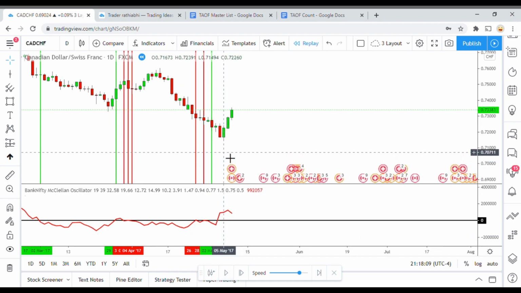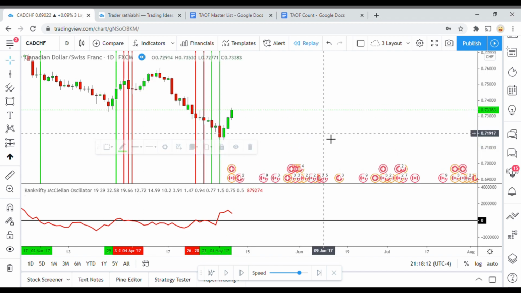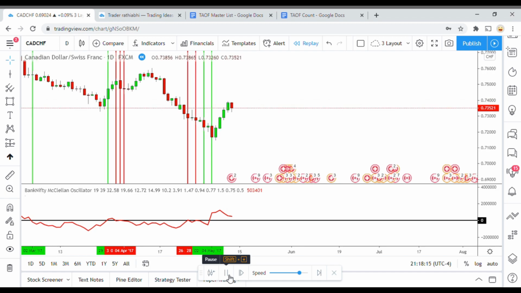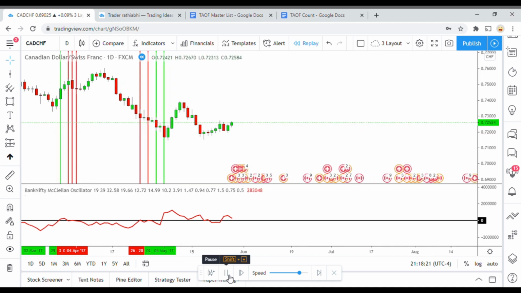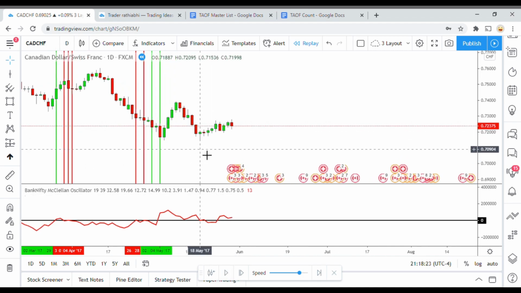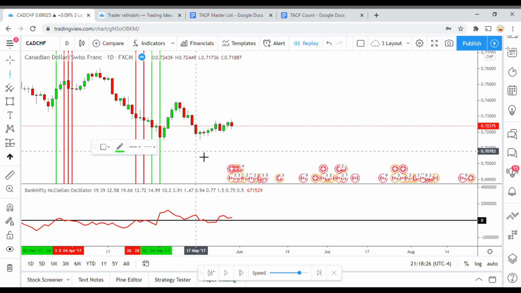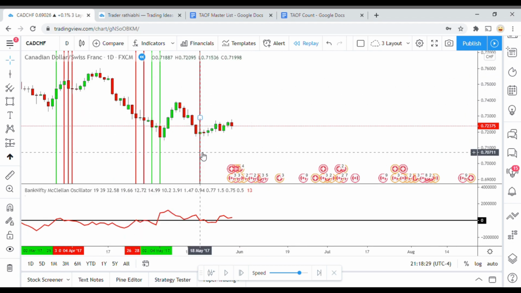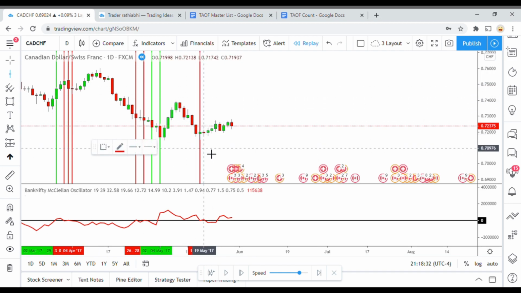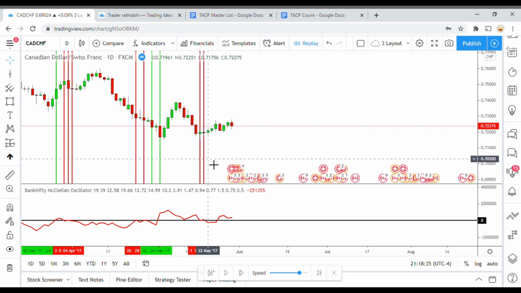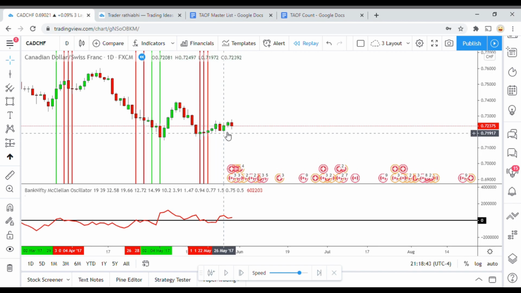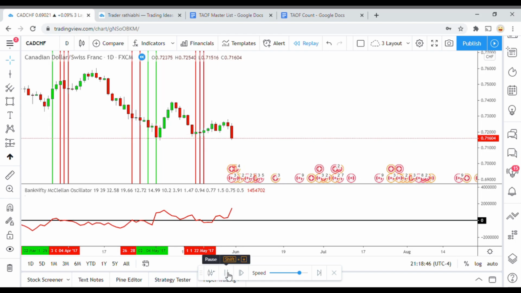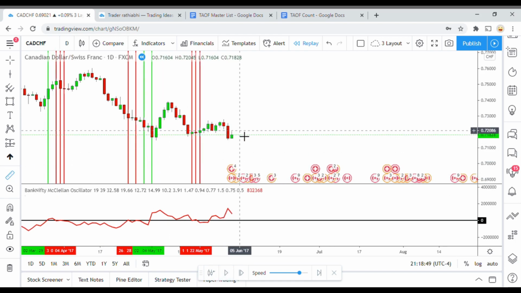Then it gave us a long here, and so that would have been a good signal also. Yeah, this one's definitely going to be an over trader. Let's see, so short here, stopped out almost immediately going long here, then stopped out almost immediately going short there, then long here, which is still playing out.